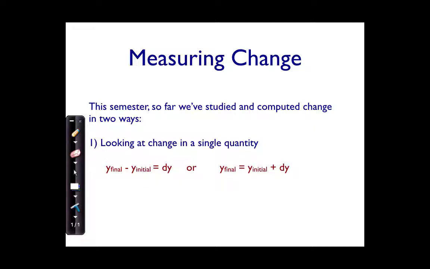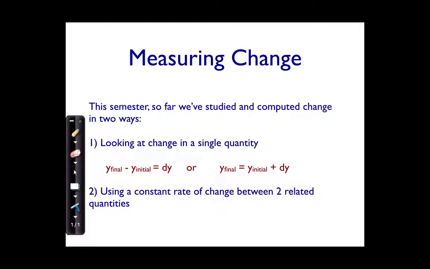But either of these expressions are fairly common, just in this order, thinking about y final minus y initial to get change, or to get a final value, start somewhere and add or subtract if it's a negative change or a decrease. This variation.